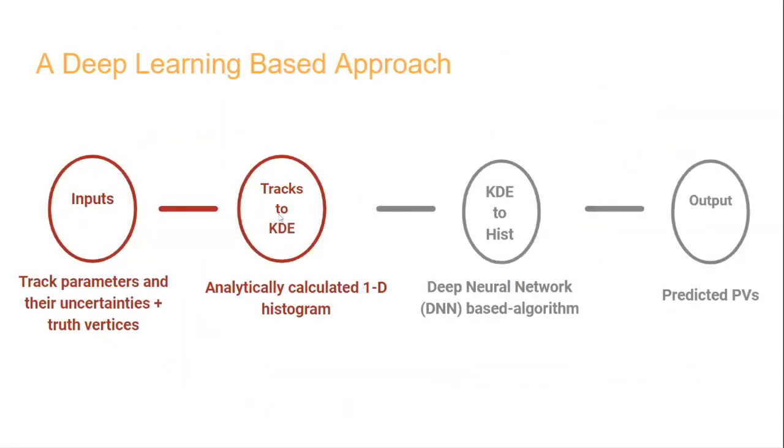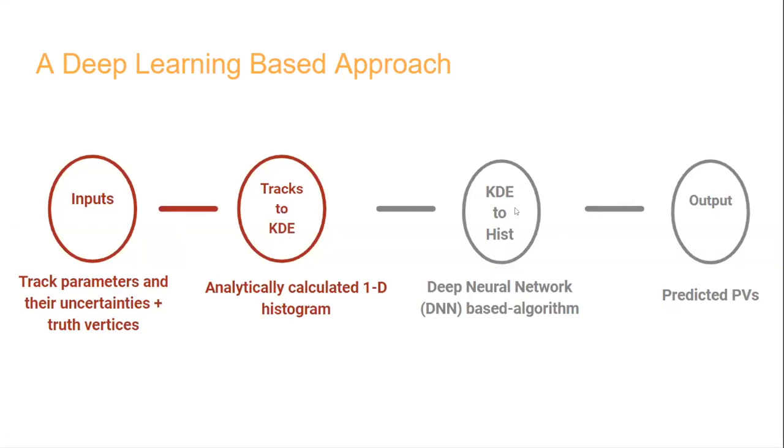The approach that we're taking is a deep learning based approach. We start by gathering the input. It consists of track parameters and their uncertainties, as well as truth vertices. We use that input to calculate KDEs, which we will be talking about shortly. We transform the tracks and their associated uncertainties into a one-dimensional KDE histogram.